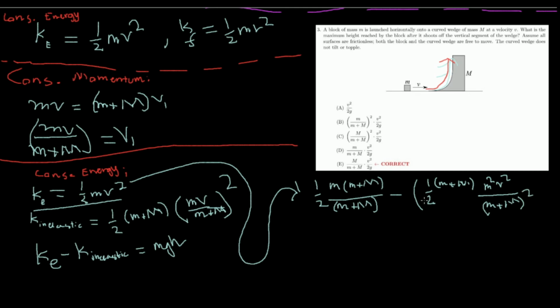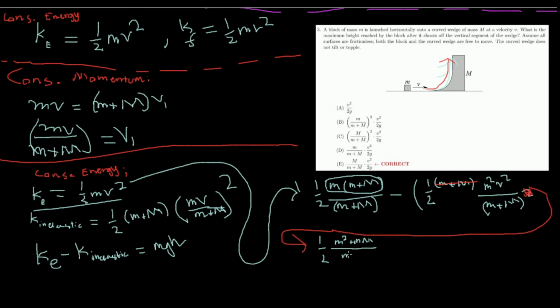And now this means that this goes away and this power also goes away. And so we have 1/2. And now we can expand this. Right here we get m squared plus mM over m plus big M.